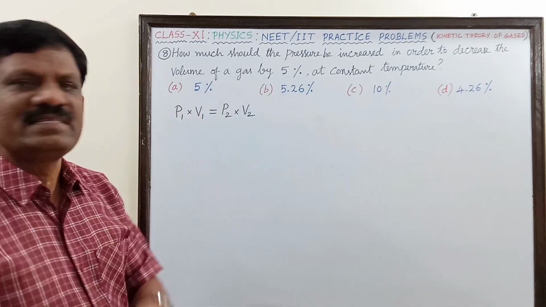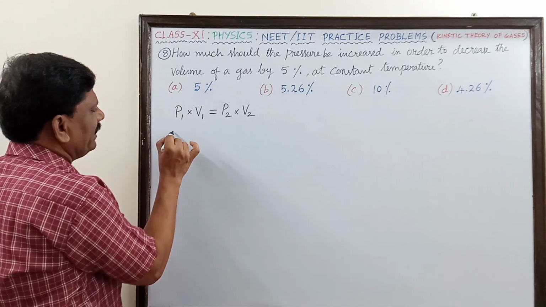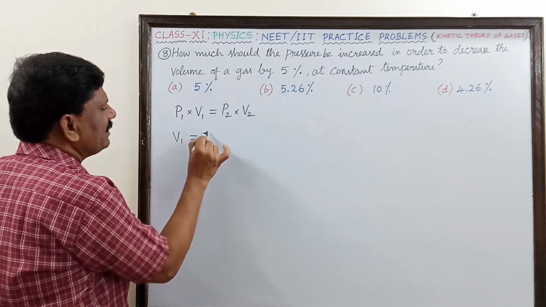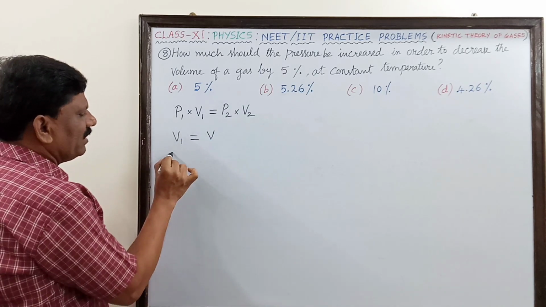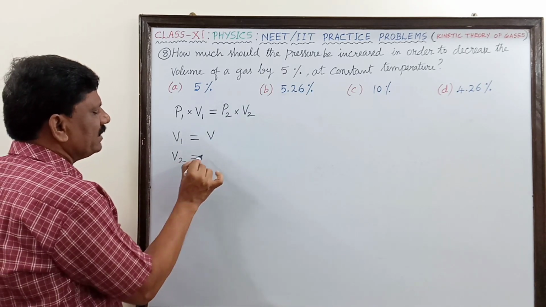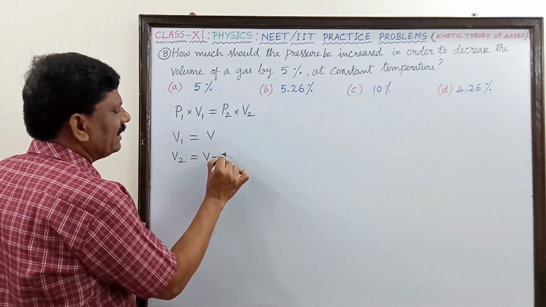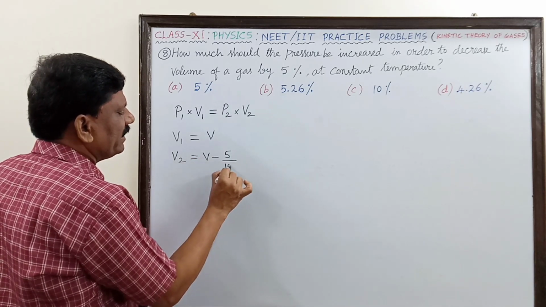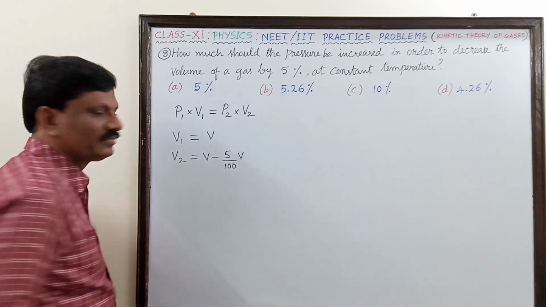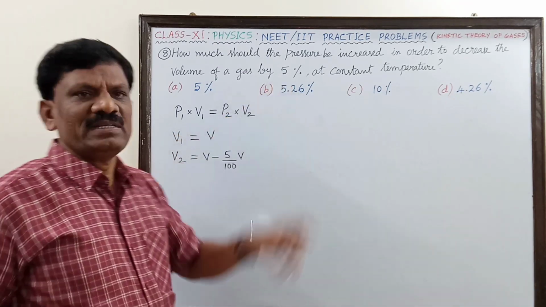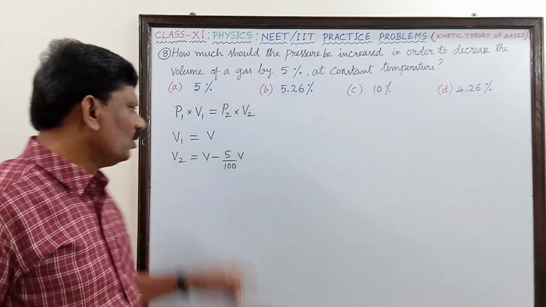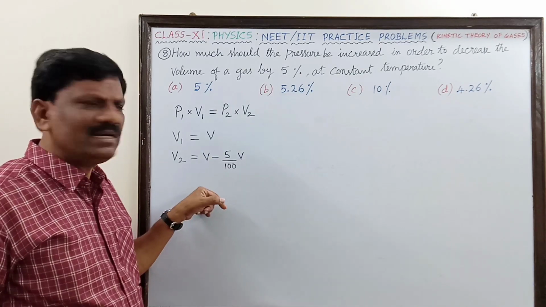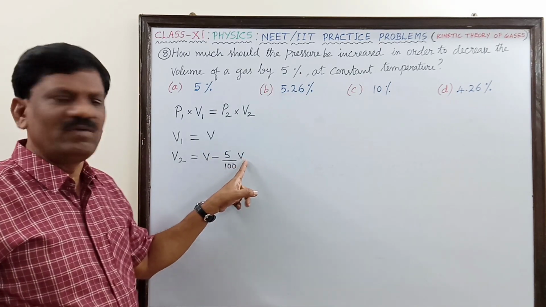Now let us take, for example, the initial volume V1 is V, and the final volume V2 is equal to V minus 5 by 100 times V, because volume is decreased by 5%. So original volume minus 5% of the original volume.